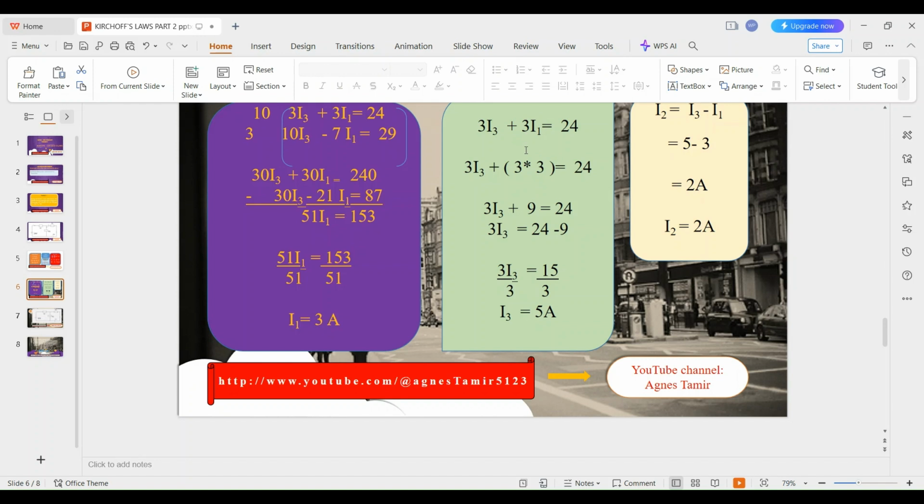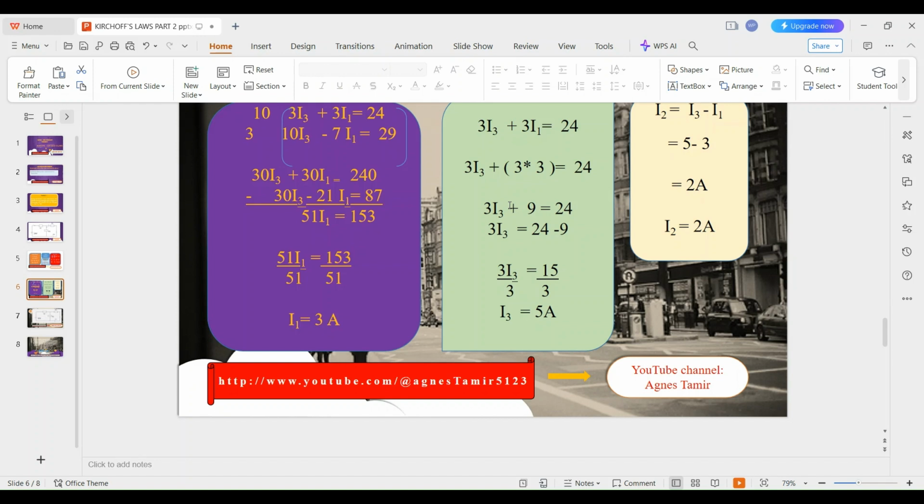So instead of writing I1 here, I'll write 3. So we shall have 3I3 plus open brackets 3 multiplied by 3 close the bracket is equal to 24. Therefore 3 times 3 is 9. So we shall have 3I3 plus 9 is equal to 24.